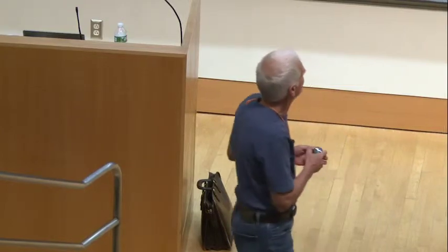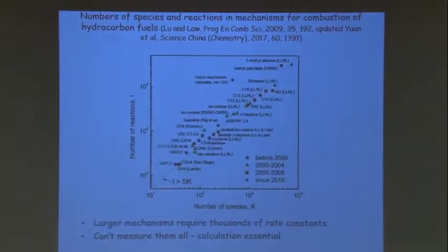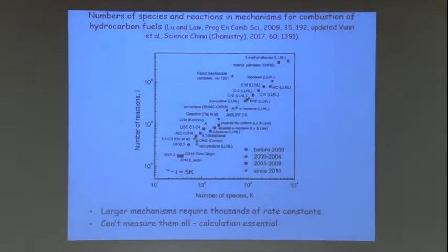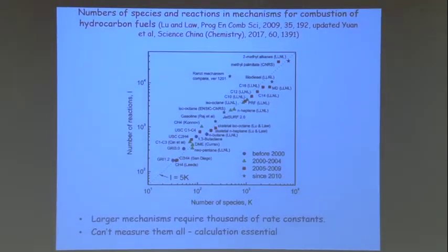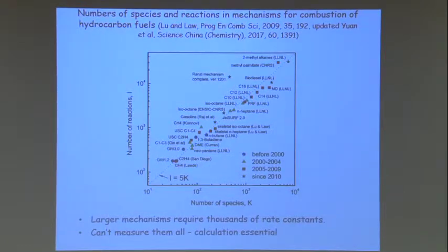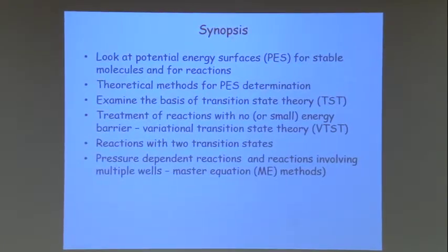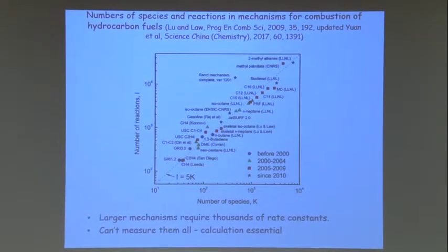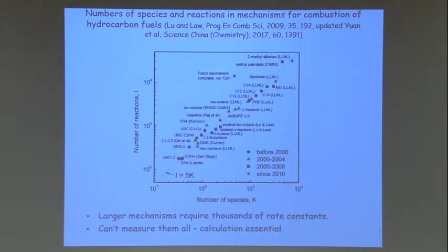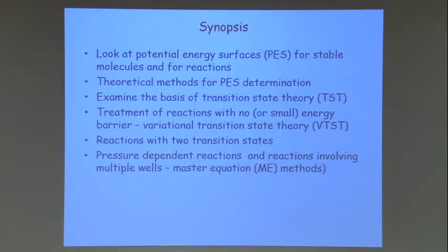And various theoretical methods, that some of you know very well, generate rate constants automatically for complex systems. So that's something to bear in mind, the size of these mechanisms and the fact that calculation is going to be essential to determine some of these rate constants.